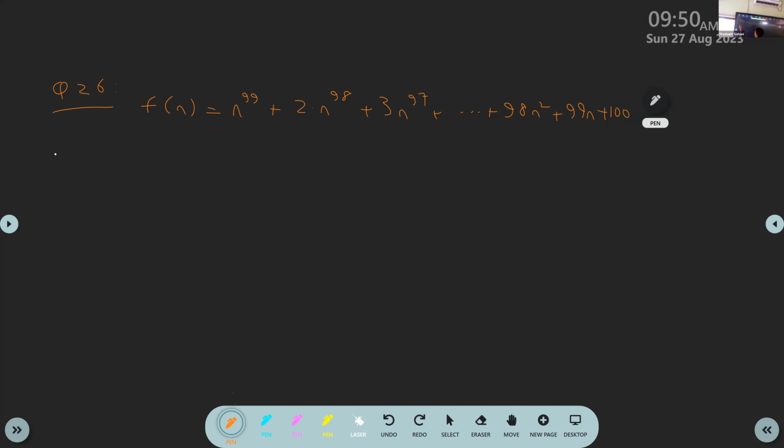And we have to find F2 modulo 100. Okay, so do you know how do we evaluate this expression?